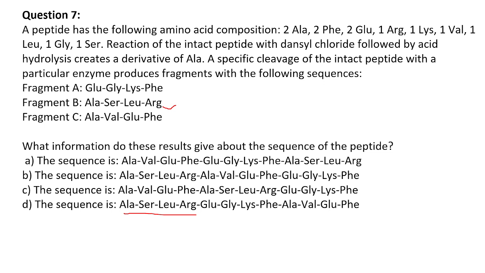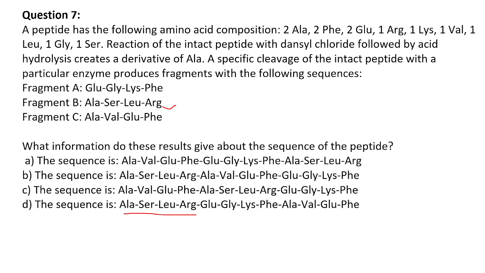Reaction of the intact peptide with dansyl chloride followed by hydrolysis creates a derivative of alanine. If you remember from the previous questions, I said that dansyl chloride will react with the N terminus of the amino acid. Let me take you to the slide.